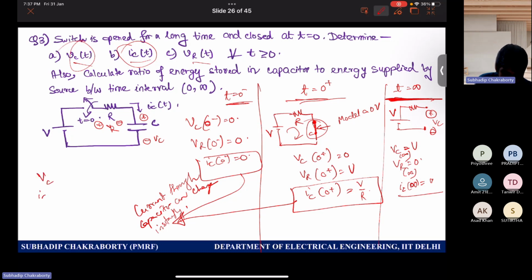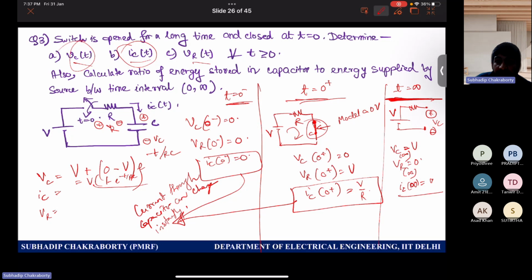So now tell me all the things. VC, IC, VR. VC is written as VC infinity, which is nothing but volts V, plus 0 minus final, e to the power minus t by RC, which is nothing but V into 1 minus e to the power minus t by RC.